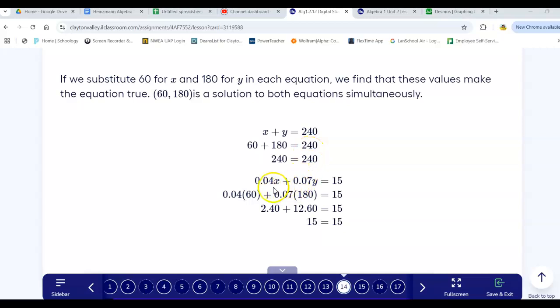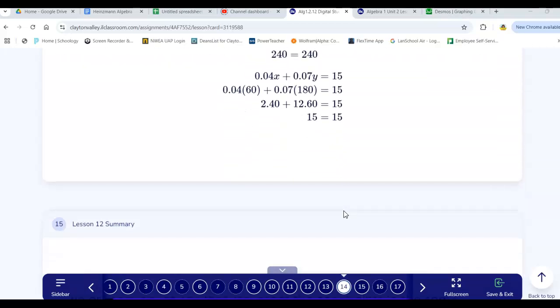And here's our cost equation. So 60 times 0.04 and 180 times 0.07 gives you $2.40 plus $12.60, which equals $15.